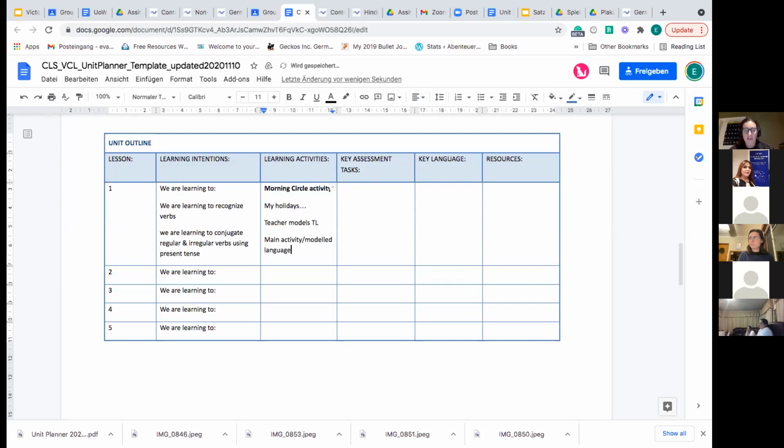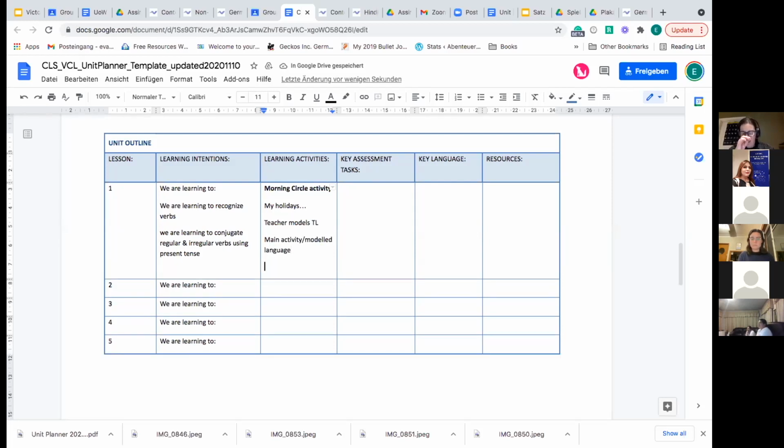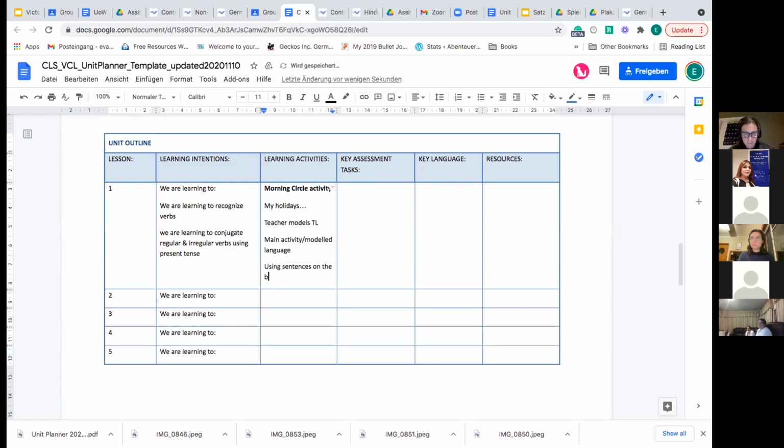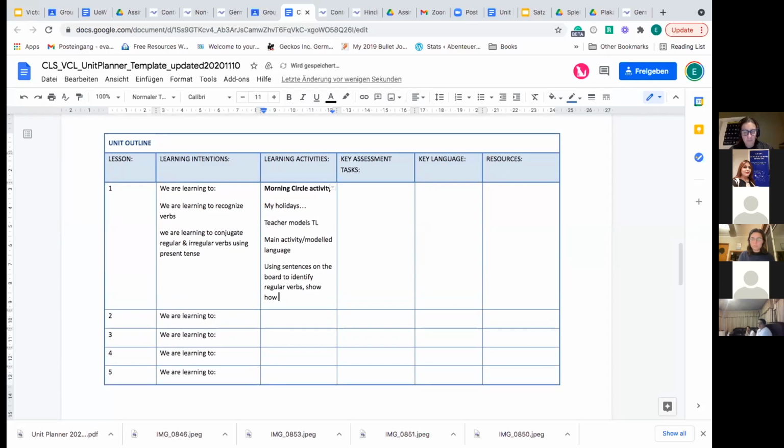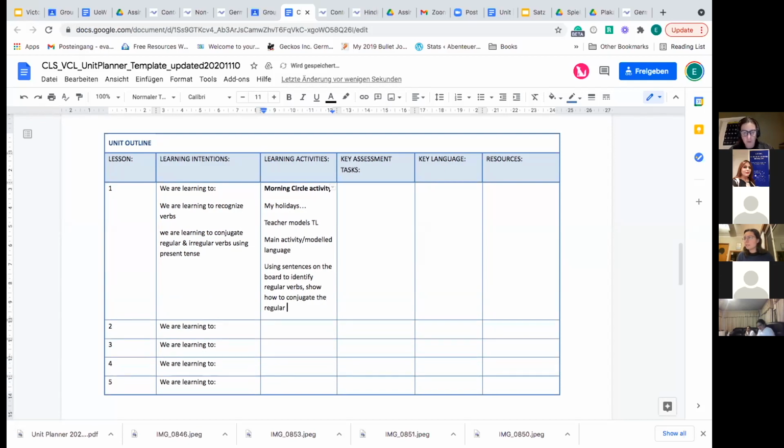So we have a main activity where I model the language, and we would look at sentences on the board. We identify regular words, and I would show them how to do that, and how to conjugate the regular verbs.